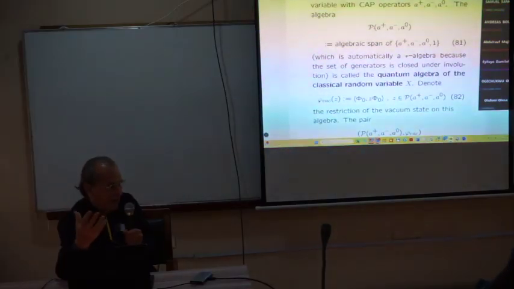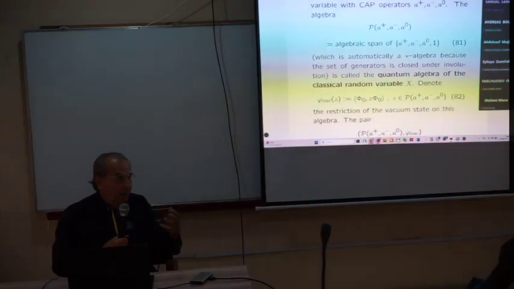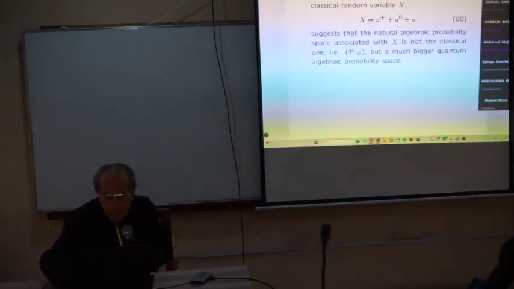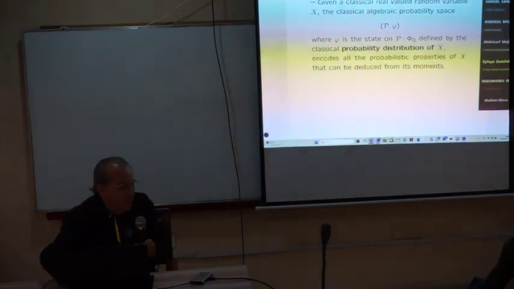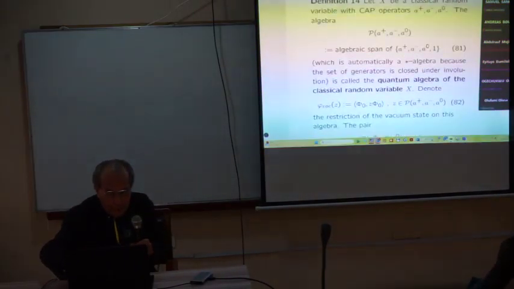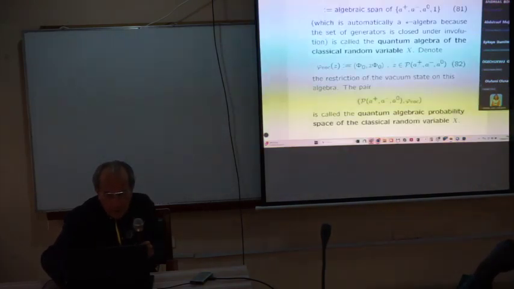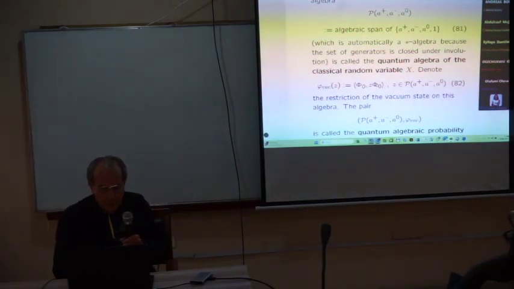It's not an abstract algebra, because A dagger, A, and A0 are operators on the pre-Hilbert space, the P phi 0. You remember the pre-Hilbert space of all polynomials with the state with scalar product. So on this algebra, we have a natural state.